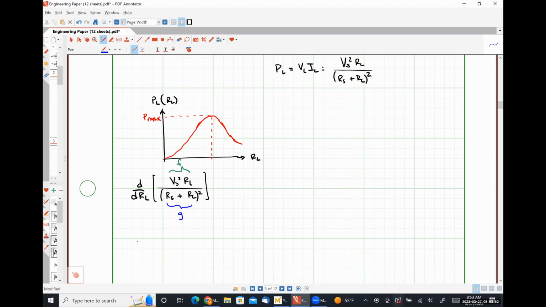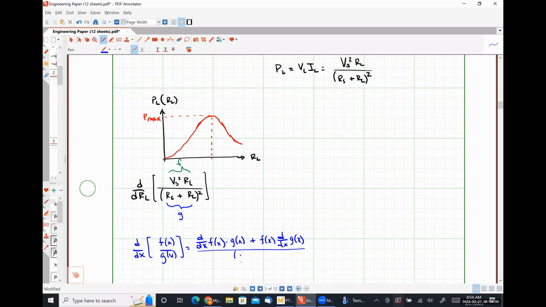Where the quotient rule says the derivative of f of x over g of x is equal to the derivative of f of x times g of x minus f of x times the derivative of g of x over g of x squared, right?